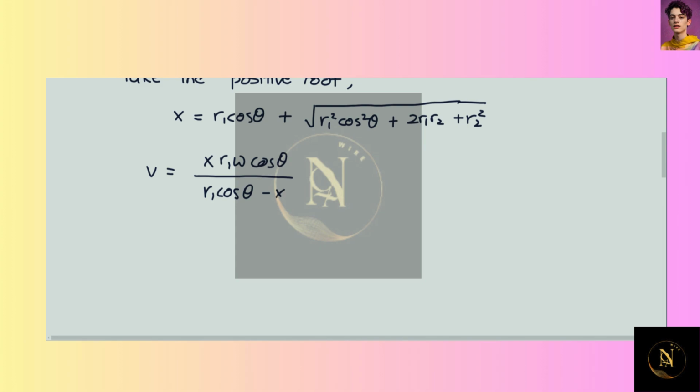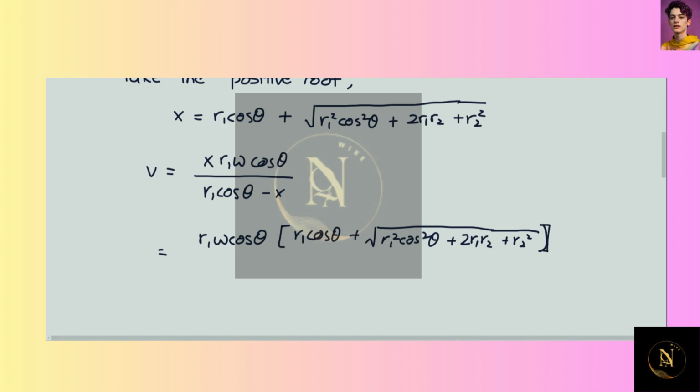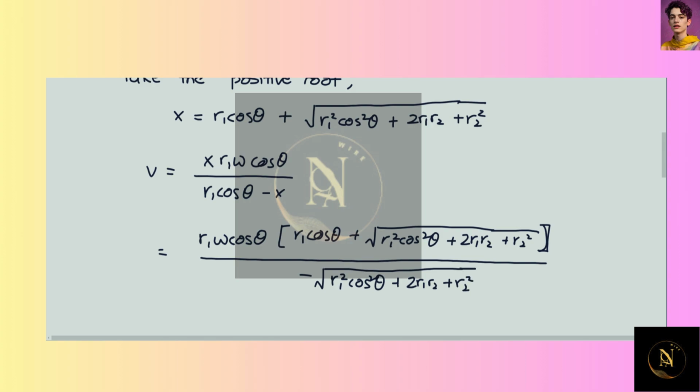When you put x inside, you have r1 omega cosine theta times (r1 cosine theta plus the square root of r1 squared cosine squared theta plus 2 r1 r2 plus r2 squared), divided by negative the square root of r1 squared cosine squared theta plus 2 r1 r2 plus r2 squared.